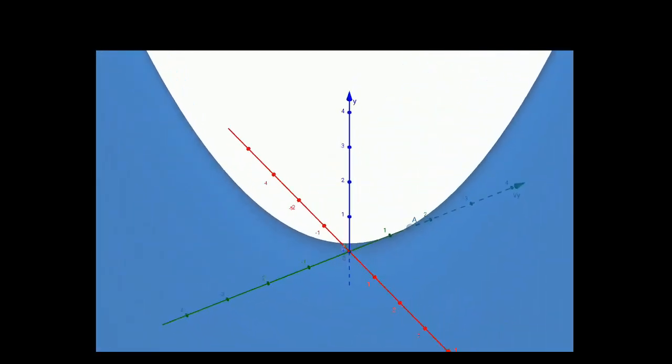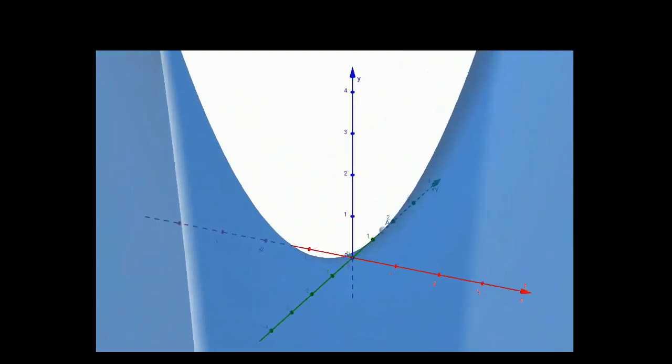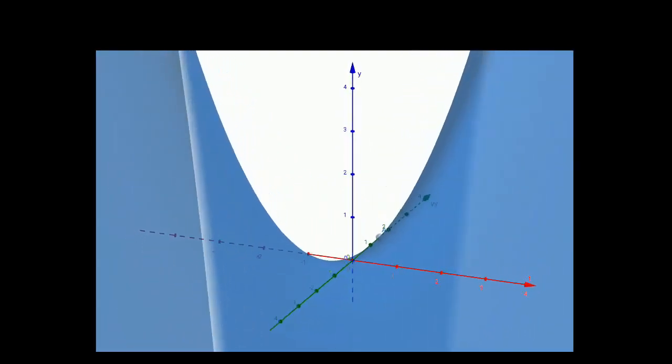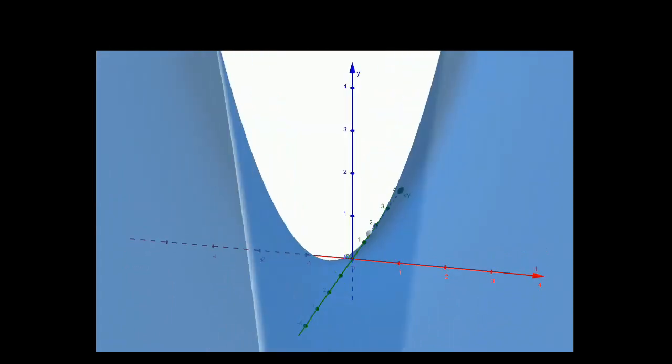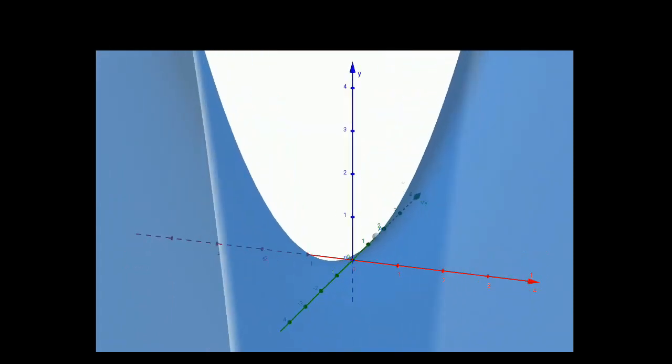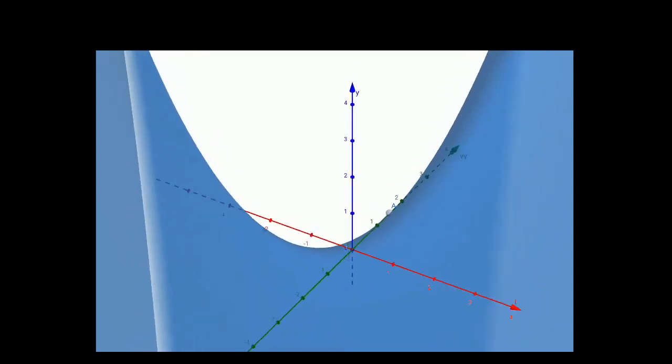So if we have any point which is on this plane described by the red and green axis, then we can look at the coordinates of that point and use our equation, which we were looking at before, which is that y is equal to vy times t, take away gt squared over 2, and we can plot that as the height of this surface above a particular point.